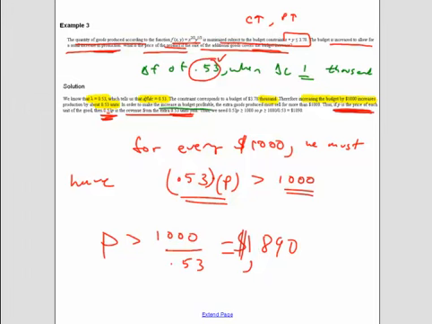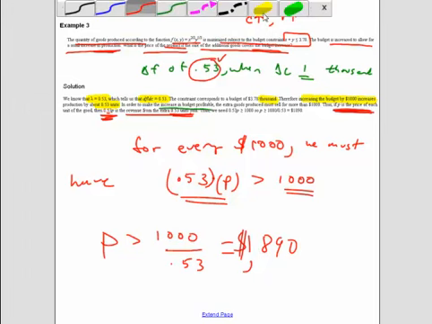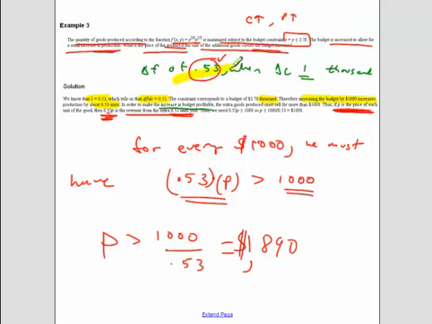Summarizing this problem, what we looked at is the effect of lambda. And we said that our lambda of 0.53 meant that we'd have a change in production of 0.53 when we increased the cost by $1,000. And what I mean by increase the cost, I mean increased our budget by $1,000.